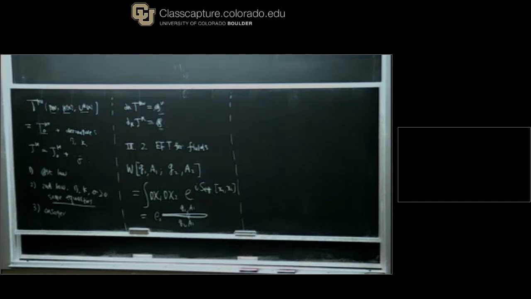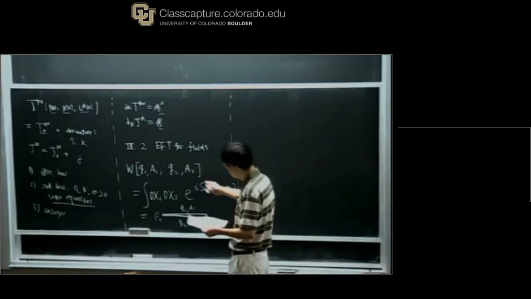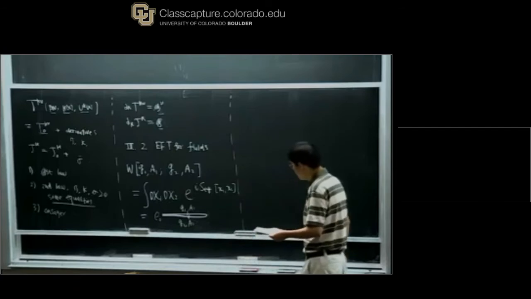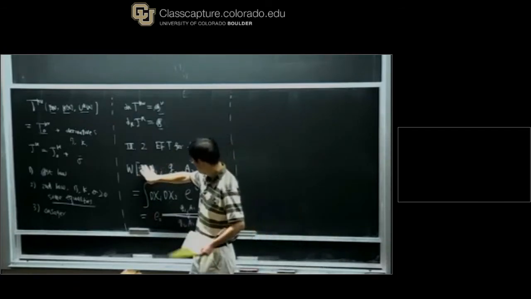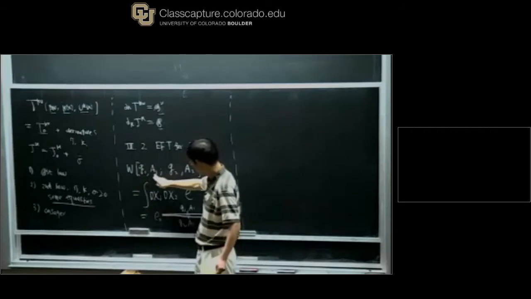So now what should we do? We have some clue how to do that. Let me first consider a simpler case. Let's not worry about the stress tensor. Let's just worry about the current.